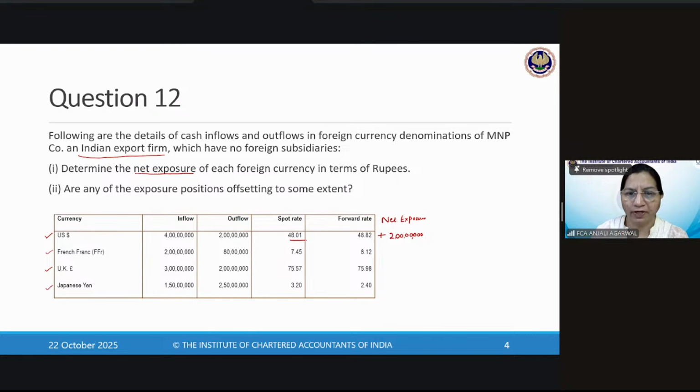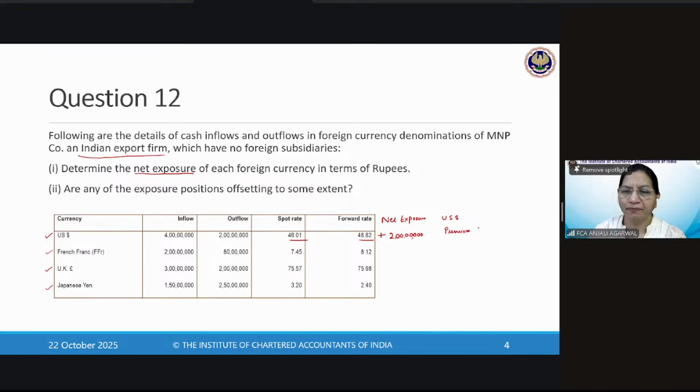What is the spot rate? 48.01. What is the forward rate? 48.82. Is the dollar at premium or at discount? Here, the dollar is at premium, right? So earlier you were supposed to receive 2 crores into 48.01. Now you're going to receive 2 crores into 48.82. How much is the difference in the price?